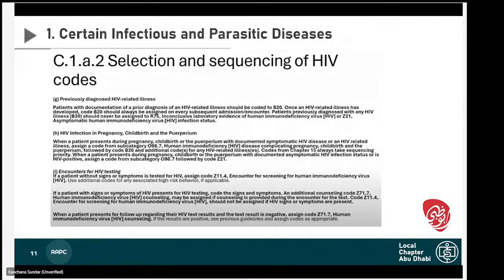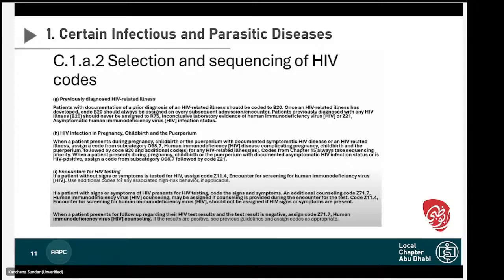And the encounter for HIV testing has only verbiage changes, and still that is Z11.4. The sign and symptom again has been emphasized, and encounter for tests, which is Z11.4, the same. Whenever the test is the reason for the admission, we code it to encounter for test, which is Z11.4. And we also ensure that we are coding the counseling code additionally, Z71.7, because for sure you'll find in the document that counseling is happening for the AIDS patient.